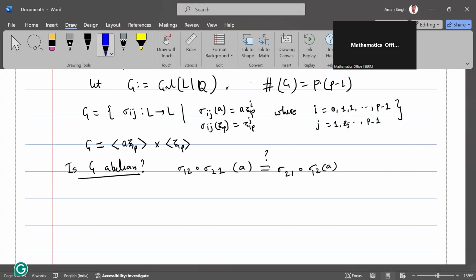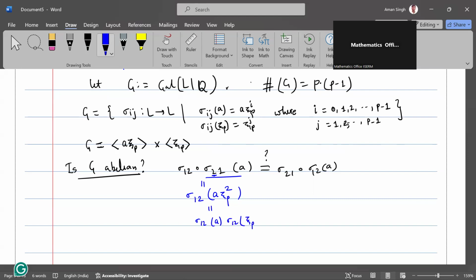So let's see where this will map. A goes to A into zeta P to the power 2, right? Here we have 2. Now we will just apply sigma 1 2, and this is equal to sigma 1 2 of A and sigma 1 2 of zeta P squared.